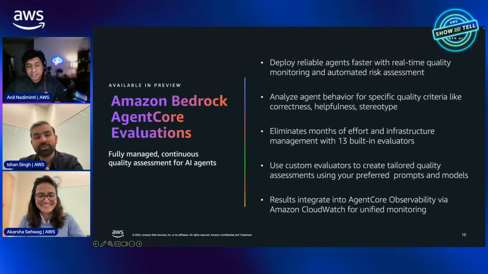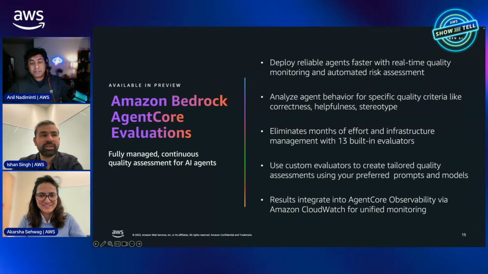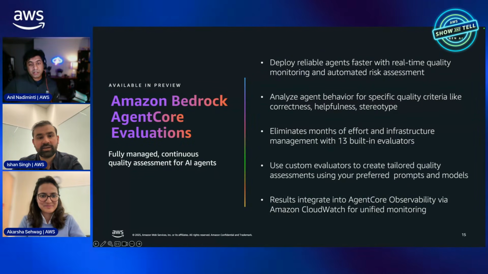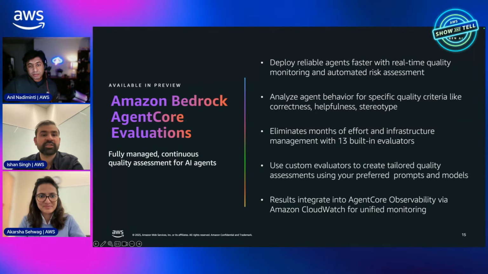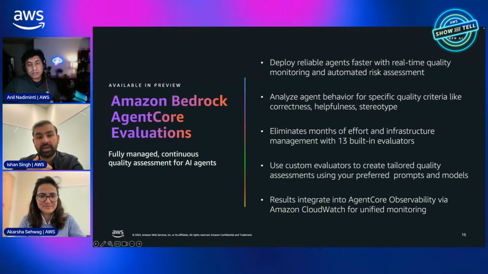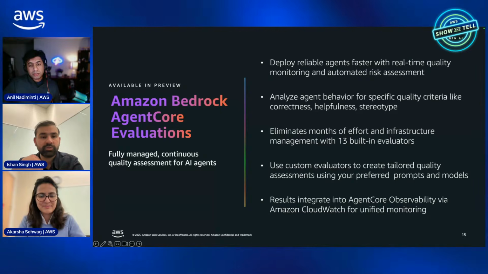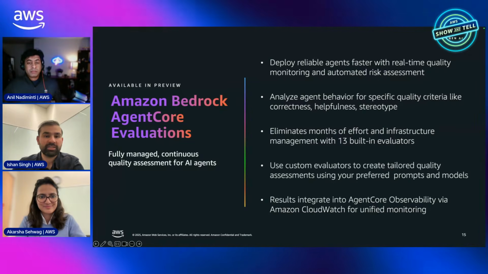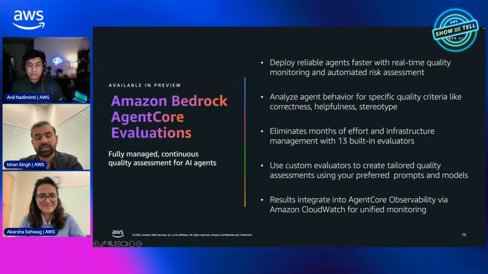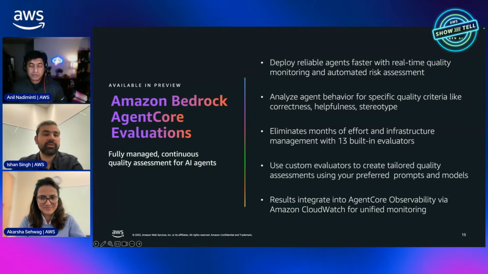Things are moving so fast within Gen AI that you need some of this undifferentiated heavy lifting to be done by these hyperscalers. So AWS is providing you with these built-in evaluators so that you get started quickly. And as you graduate from it, you can customize, now that I understand what my agent does and doesn't do, specifically to those types of problems or the areas that I want to improve it on.